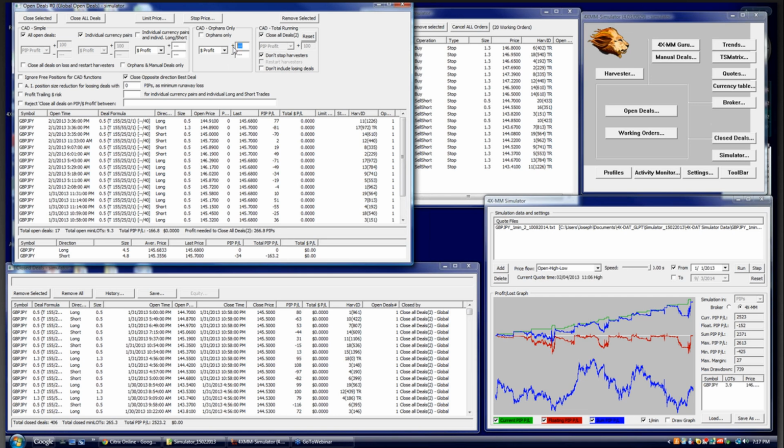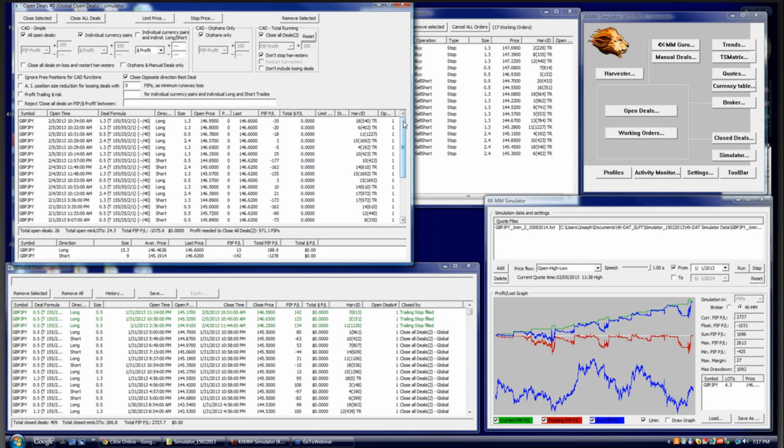For example, if I put in here 100 pips and check this off, then the software is going to be looking for the aggregate profit on all orphans, and orphans only, of 100 pips. And when it reaches that, it will close those trades, those red colored or purple colored ones.